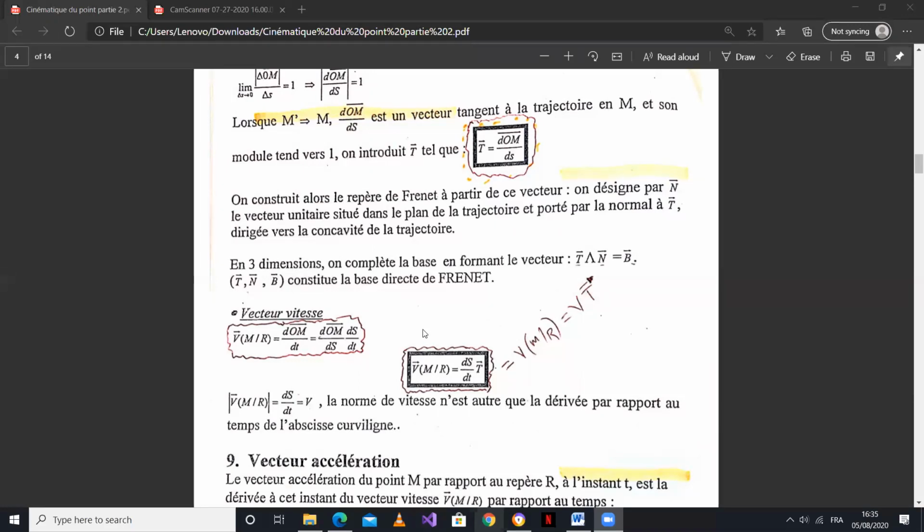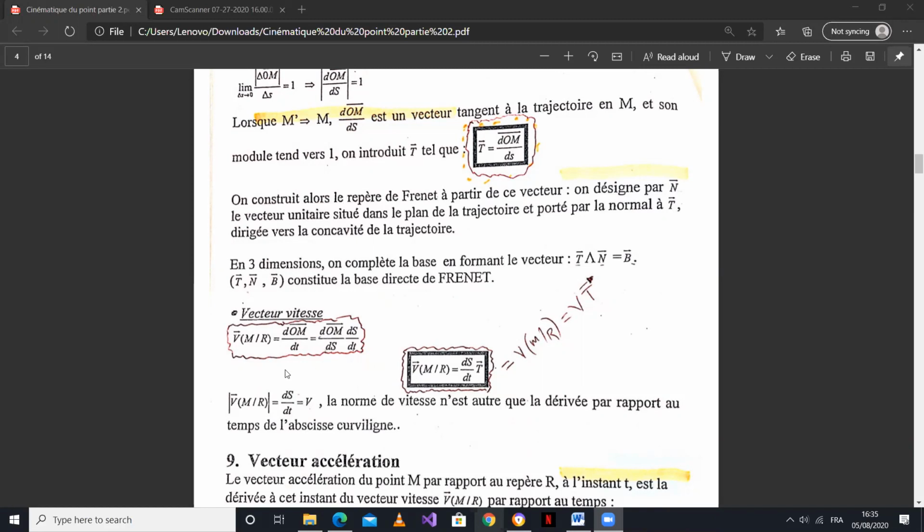Okay? And then when you calculate the magnitude of the vector vitesse, you introduce magnitude on the left-hand side and magnitude on the right-hand side. What's the magnitude of t? It's 1, exactly. The magnitude of t is 1.